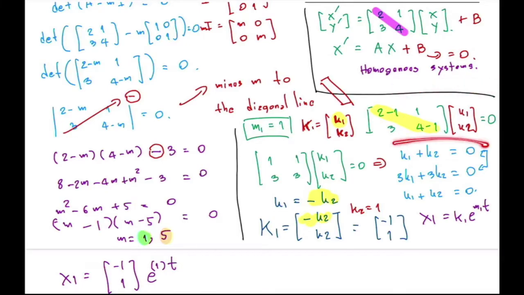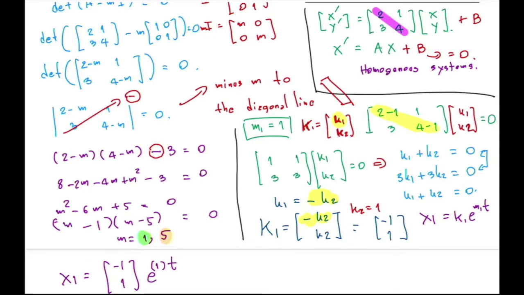Then we get this relationship of the k's, and we have that k1 is minus k2. So the vector k1 is going to be minus k2 and k2. In that case, we can substitute k2 with some number. In this case, I pick 1, so I have minus 1 and 1.